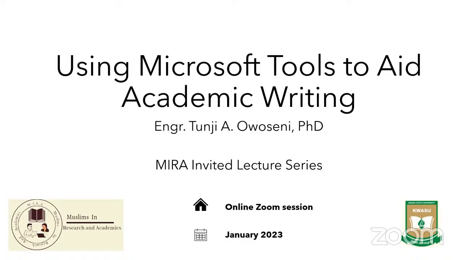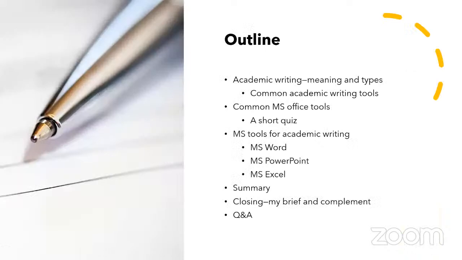So what do I plan to cover in this? Academic writing, what does it mean? What are the types? And then what are the common academic writing tools? Then from amongst those tools, we'll be looking at one of them specifically, which is the Microsoft Office tools.